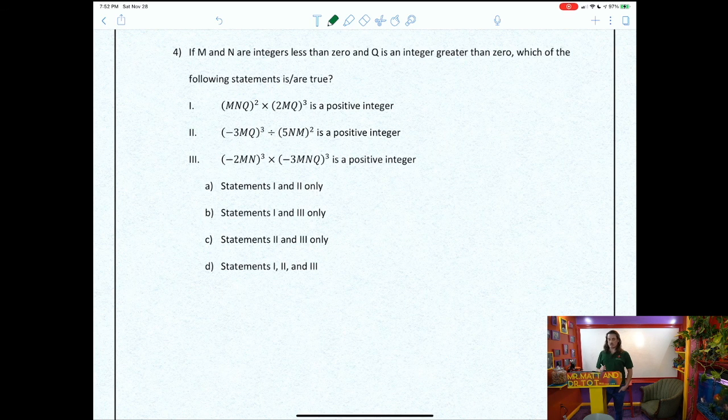Statement 2 says the quantity negative 3 times m times q, quantity cubed, divided by 5 times n times m, quantity squared, is a positive integer. And statement 3 says the quantity negative 2 times m times n, quantity cubed, times the quantity negative 3 times m times n times q, quantity cubed, is a positive integer. Take a few moments, please, and solve that problem.